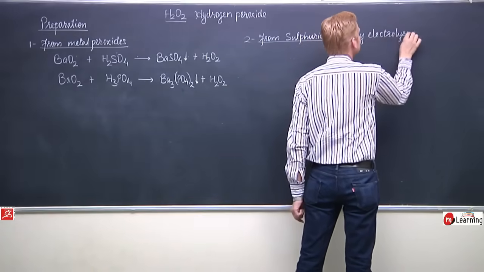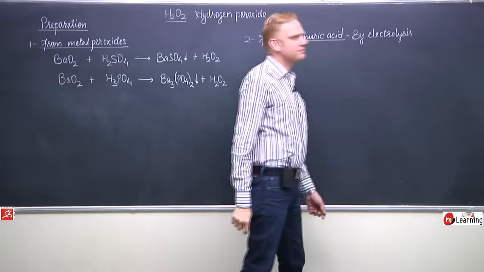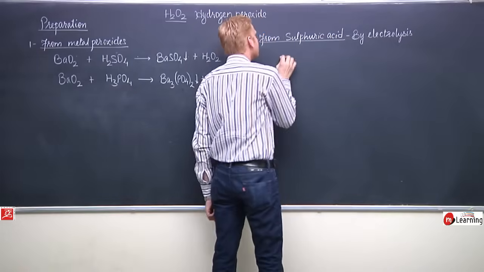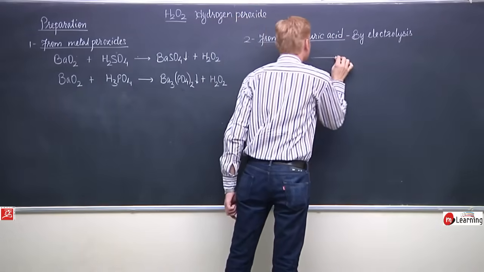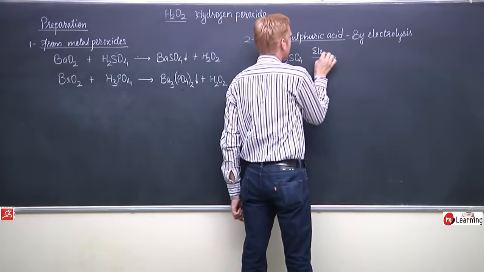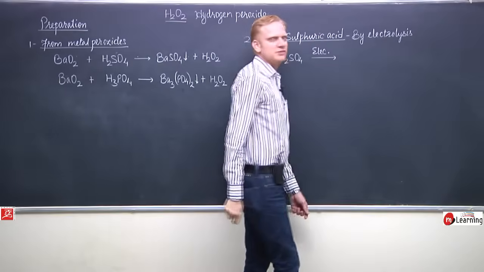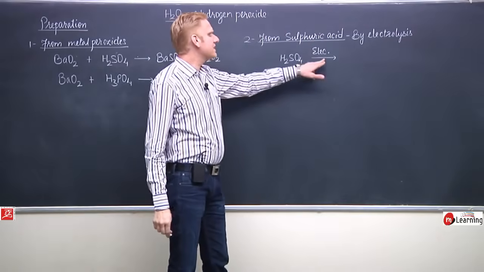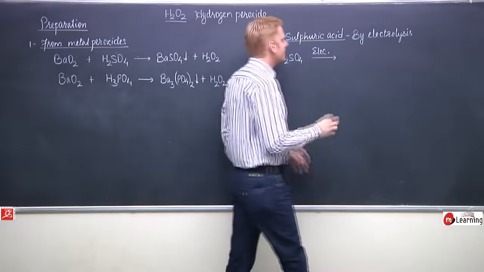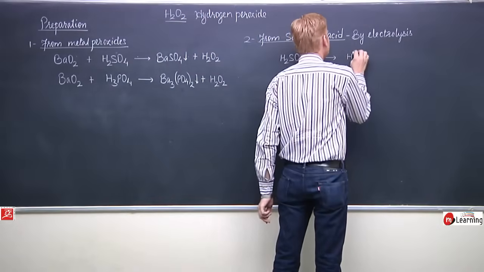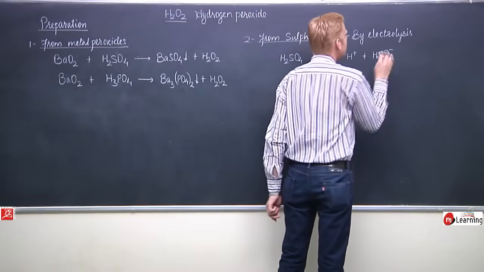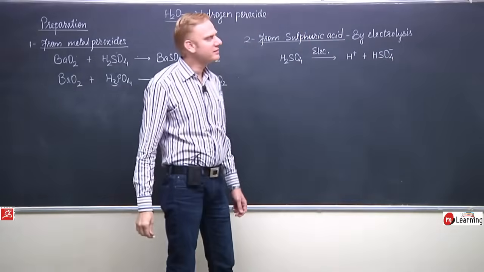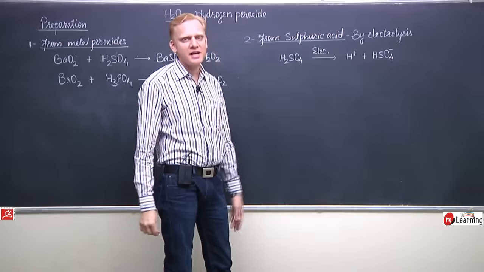By the electrolysis process, we take sulfuric acid for the electrolysis. The electrolysis process gives movement of two oppositely charged ions towards the two oppositely charged electrodes.